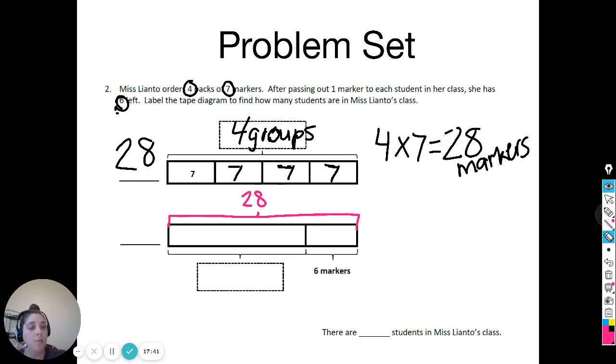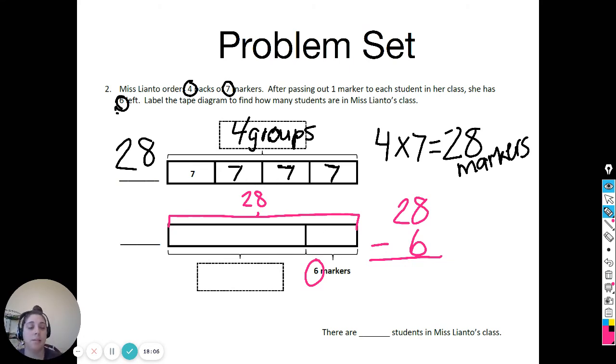Okay, there's 28 markers. There's 6 markers left over after she passes all the markers out. So let's take that 28 minus the 6 markers that's left at the end, and that should tell us how many markers she passed out.